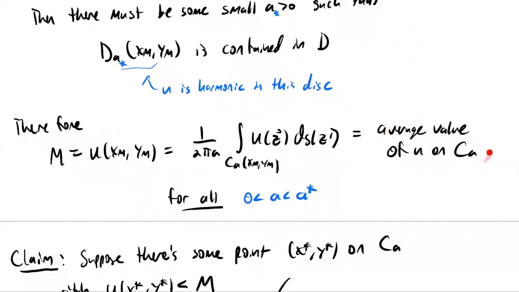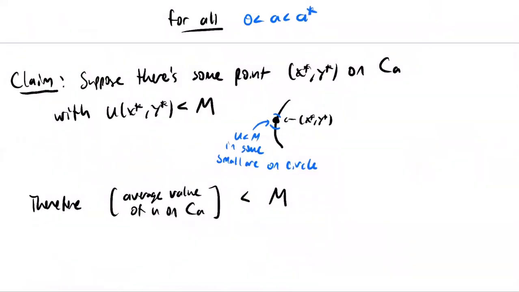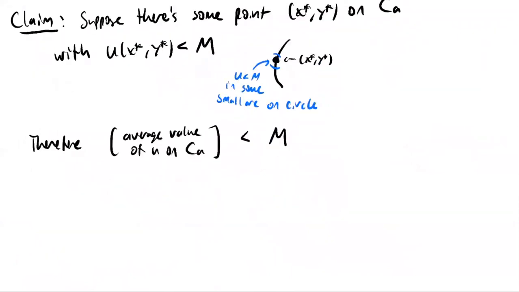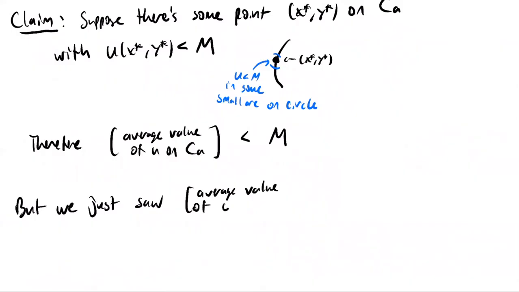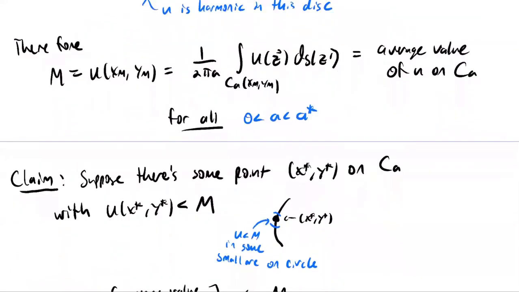In fact, the average value has to equal M. We just saw that the average value of U on CA is equal to M by using this mean value property, right?